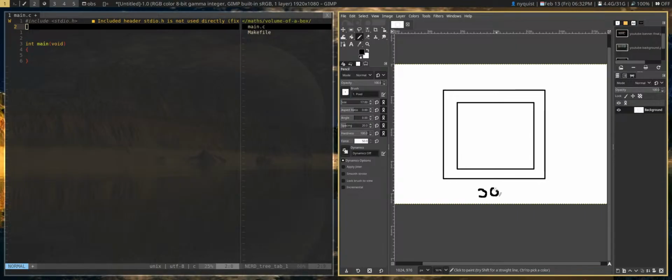30. I wish I actually had a tablet. Its length and width are 30 and 30.